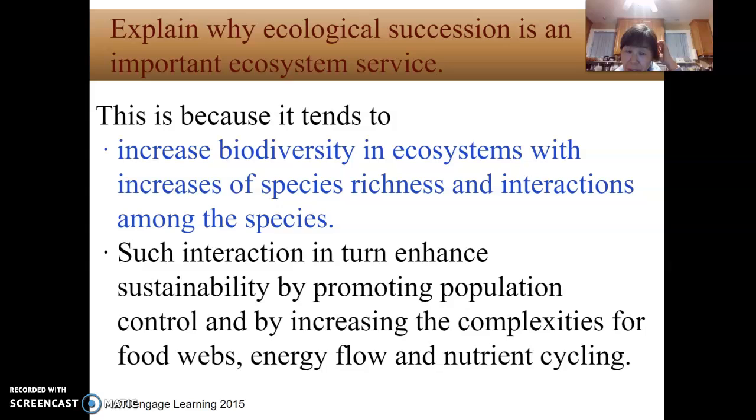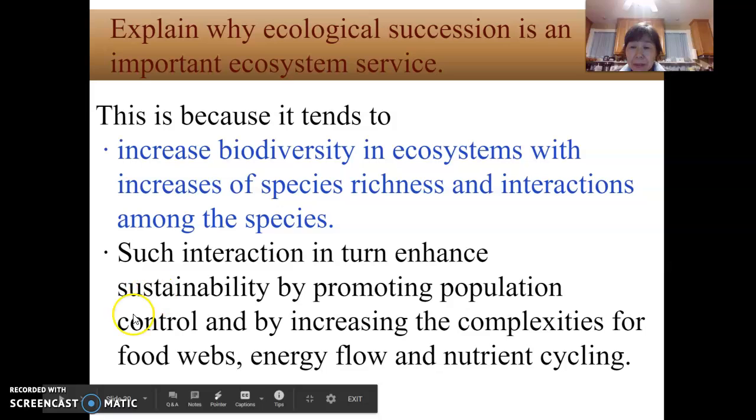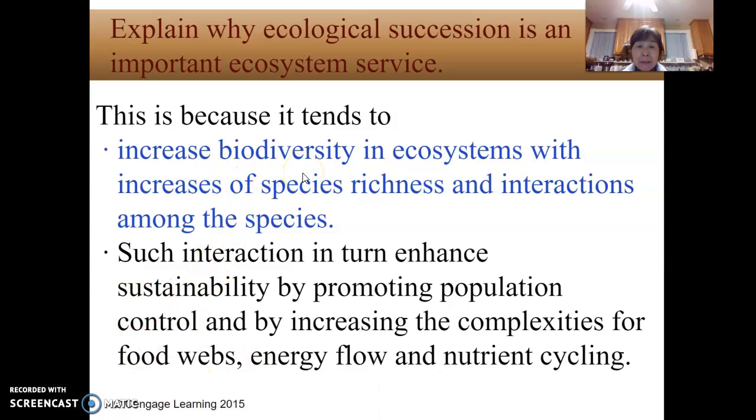One question you might see in the chapter questions is: explain why ecological succession is an important ecosystem service. This is because, number one, this process increases biodiversity in ecosystems, with increases in species richness and interactions among the species.